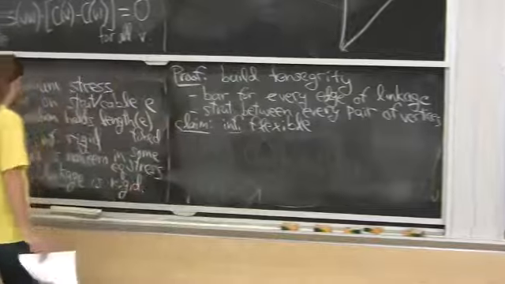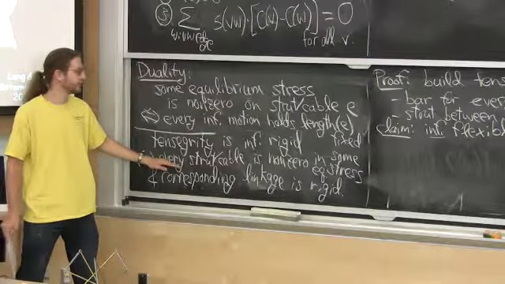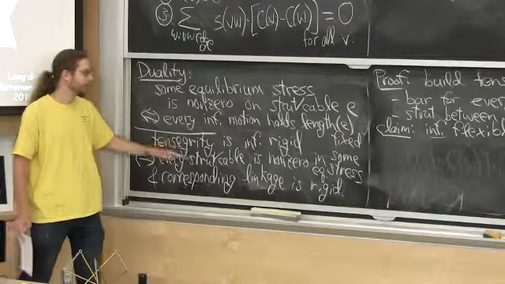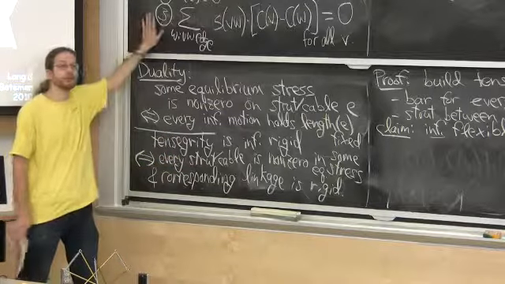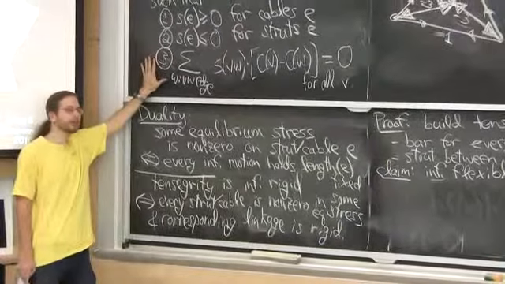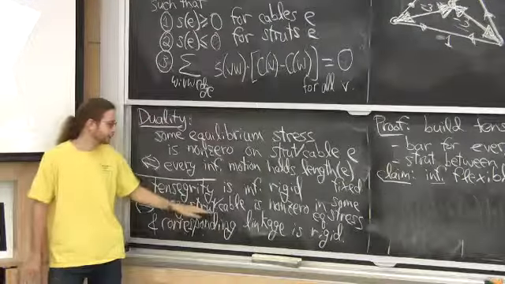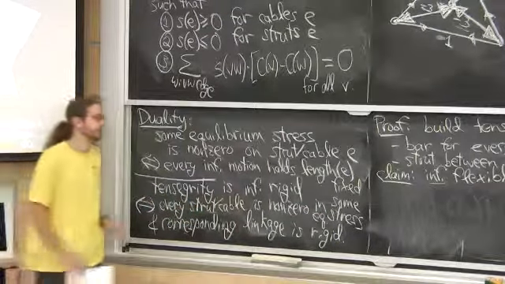So in fact, this second condition doesn't really matter. What matters is the stresses. If I want to show that it's flexible, not rigid, I want to show these stresses don't exist. Now, stresses always exist. I could set all the stresses to be 0. But I claim actually pretty much all the stresses have to be 0, at least on the cables and the struts, which is what I care about here. They have to be 0.